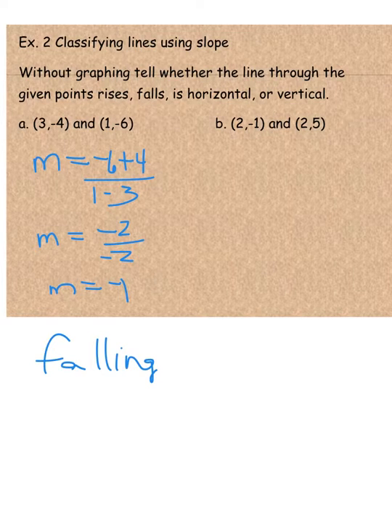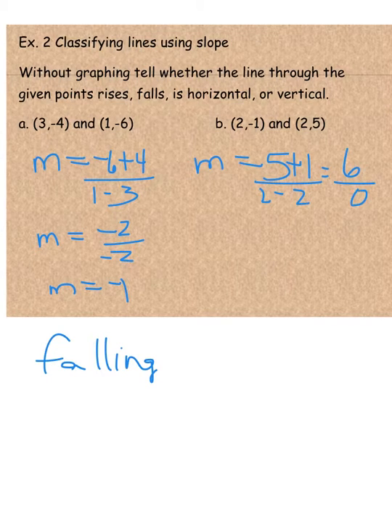In example B, my slope is undefined. That tells me that my line is vertical.